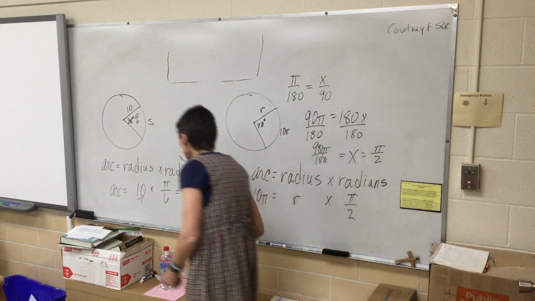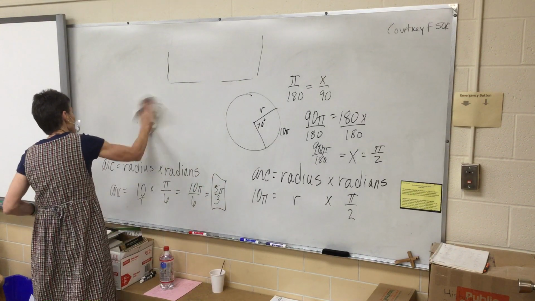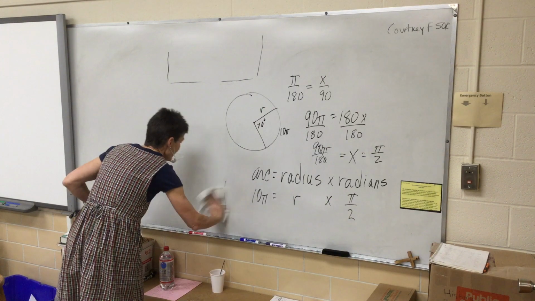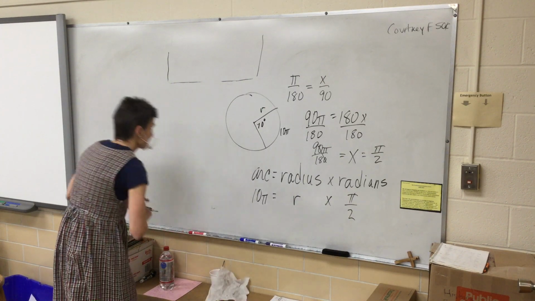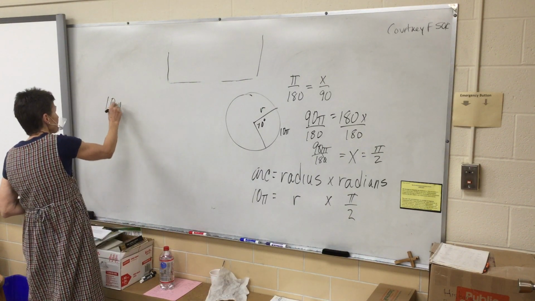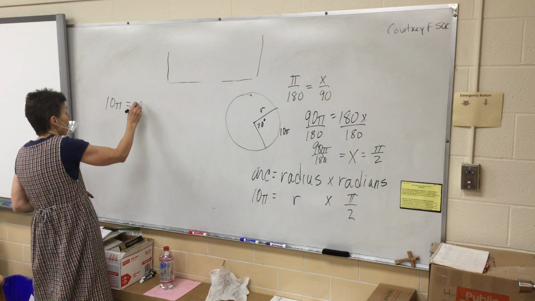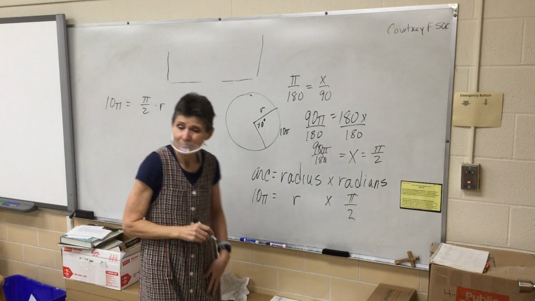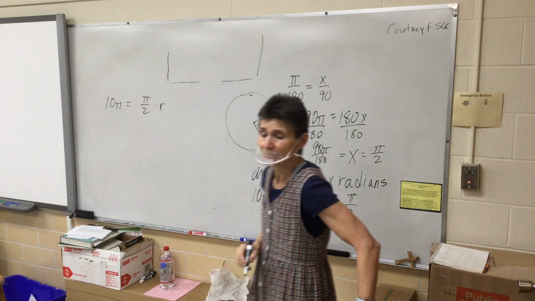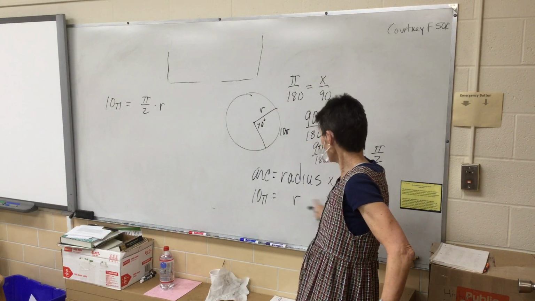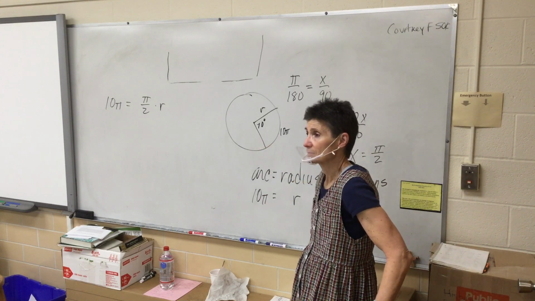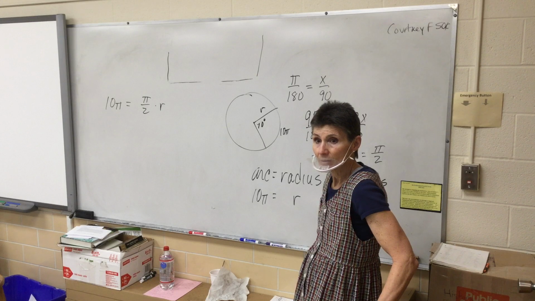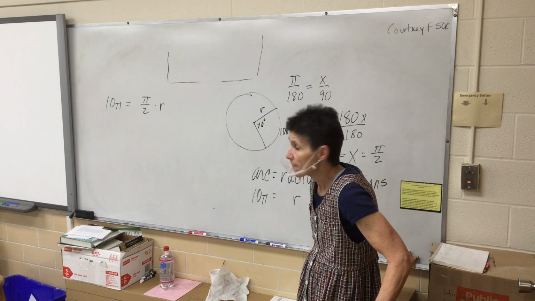So let me look at my equation now. Let me get it up here where I have some room to work. My equation now is 10 pi equals pi over 2 times r. Radius times radians. How do I solve that? Can't you multiply the 2 on each side?